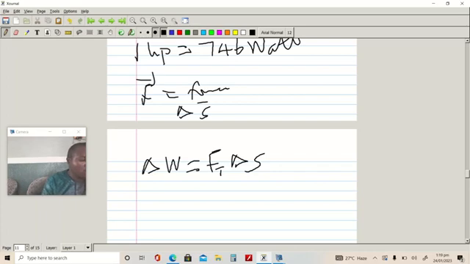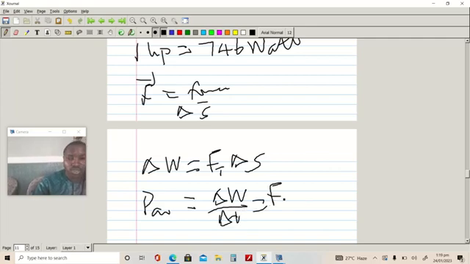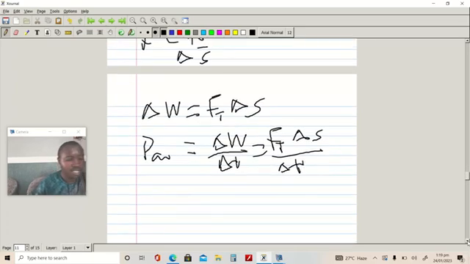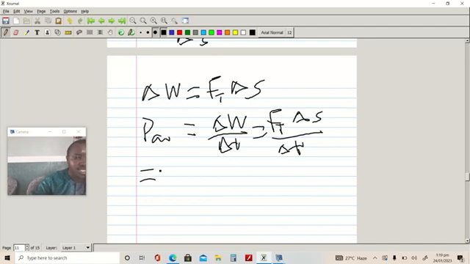So the average power, P average, is equal to change in W, which we have written before, over change in time, which is F T delta S over delta T. With this, power average is equal to F T V, that's our average velocity.